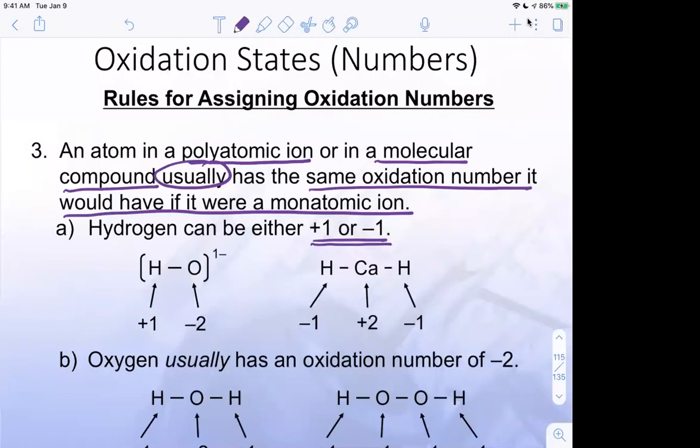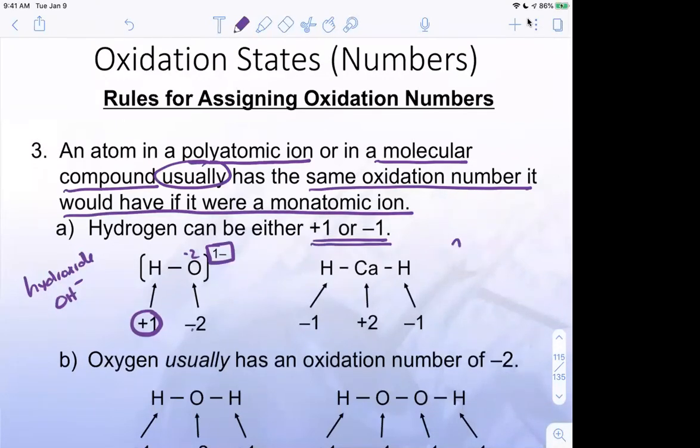When hydrogen is in hydroxide, which is OH-, hydrogen itself is going to be +1 here because my oxygen is -2. The sum of those oxidation numbers has to equal the ion charge. So +1 plus -2 is equal to -1.